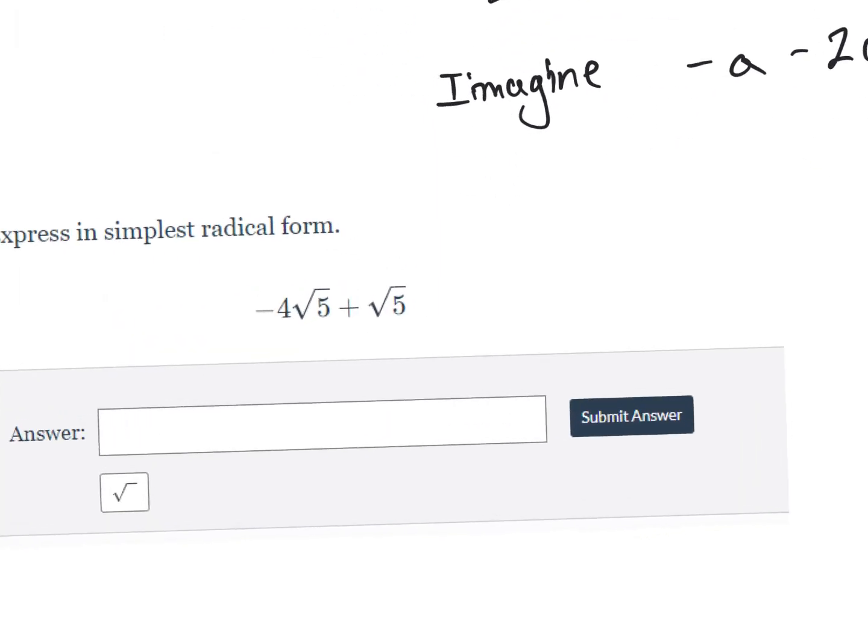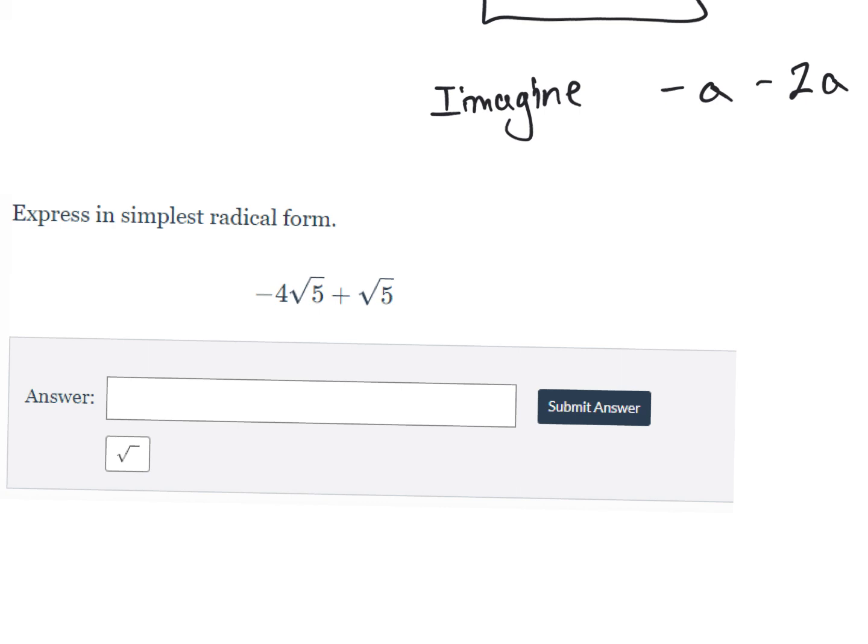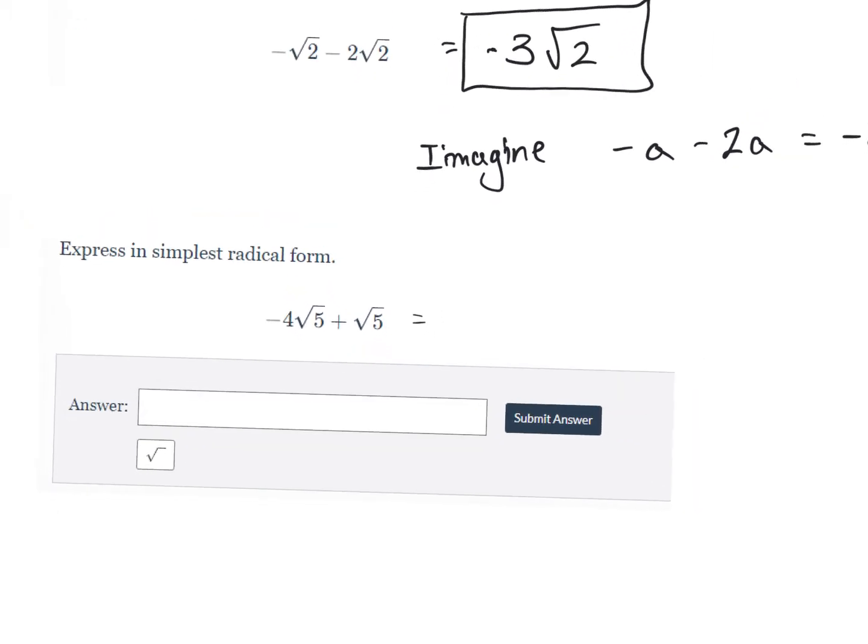So like I said, variable. So anyone who's paying attention, tell me, in this example, what's the variable? 5, or the square root of 5. So this is almost like a problem like negative 4a plus a. So if I gave you negative 4a plus a, what would you get when combining like terms?